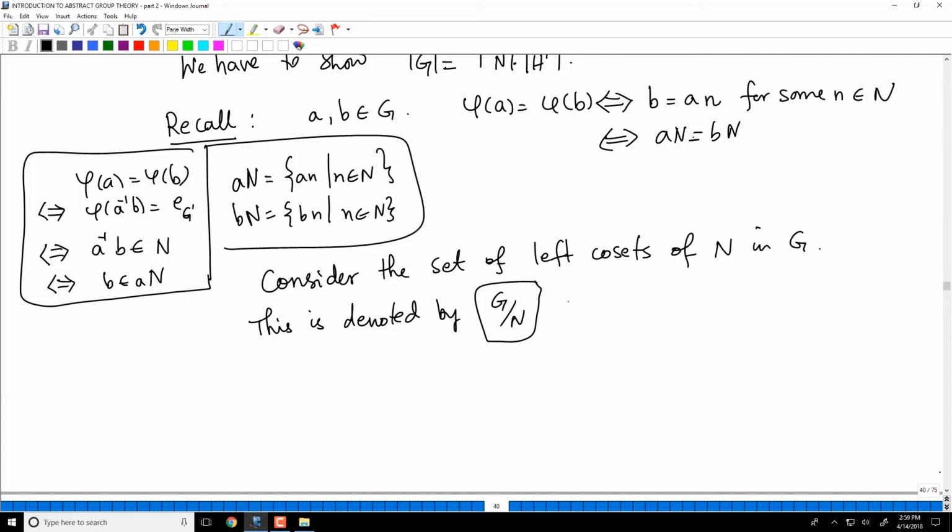It is read as G mod N. G mod capital N is the set of left cosets. For now it is simply a set.